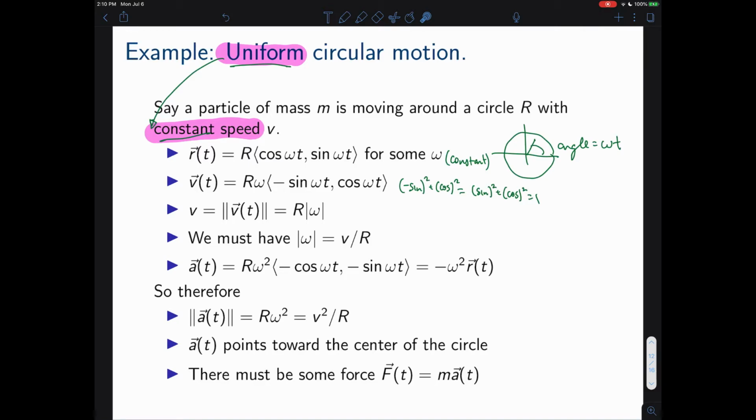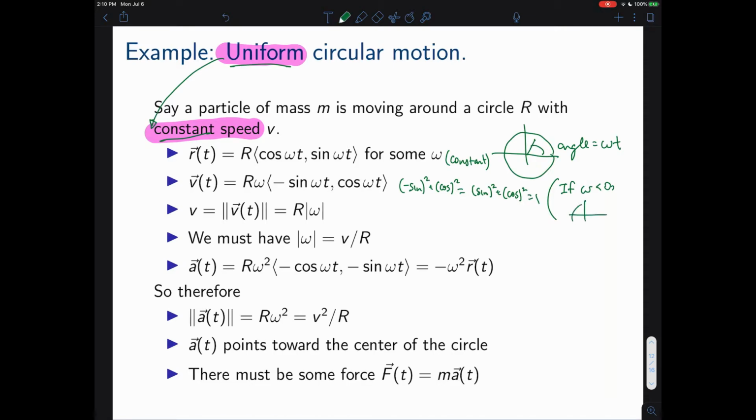Now one detail that I glossed over, but I'll say it now, is that we really want to take the absolute value of omega. Omega might be a negative number. If omega was a negative number, then when our time goes up, we would have negative times it, so the angle would be decreasing. The angle would be going in the negative direction.